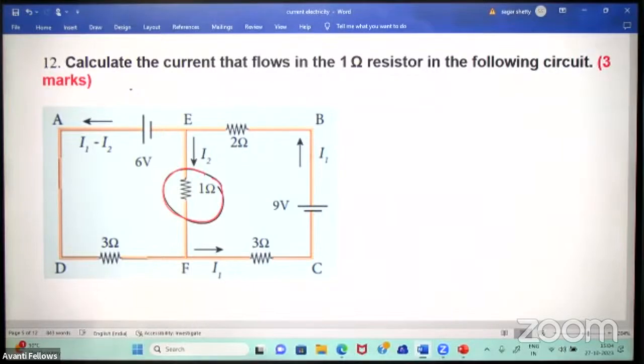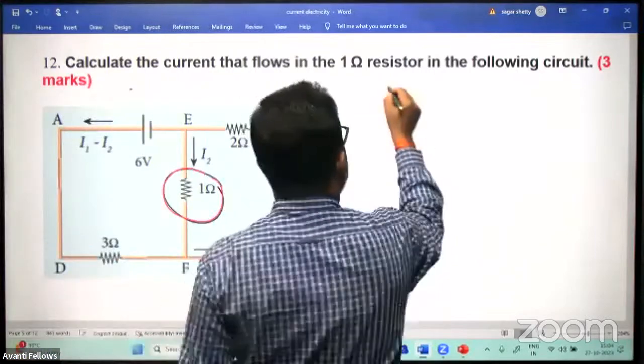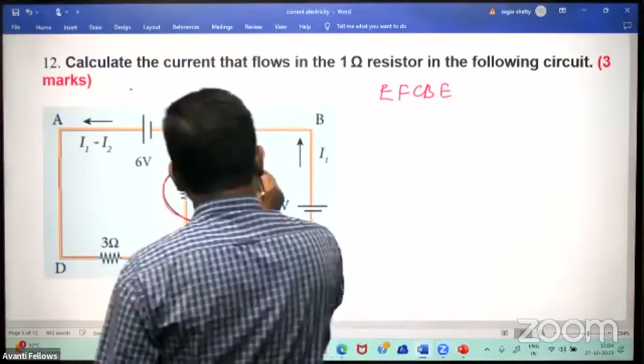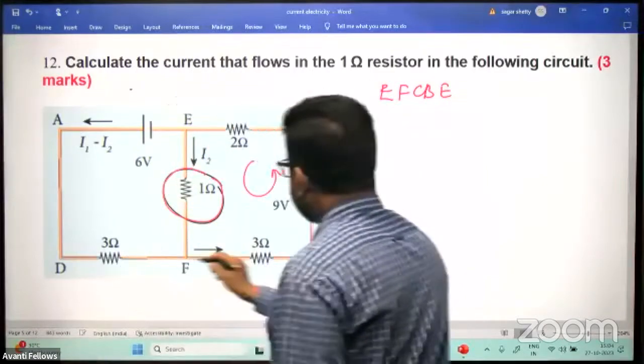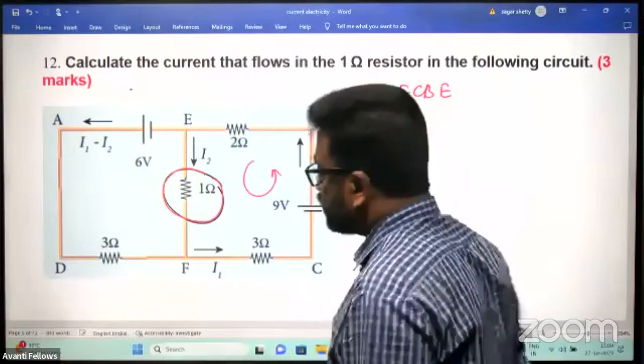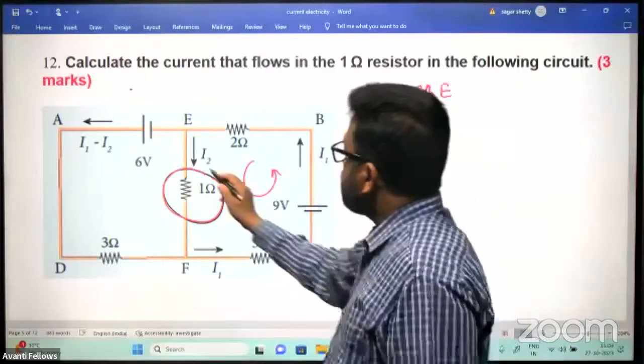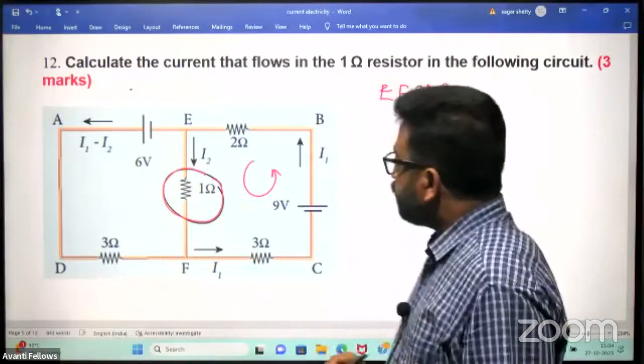So that we have to take the loop EFCBE. First, let us take the loop EFCBE. What are the potentials there?